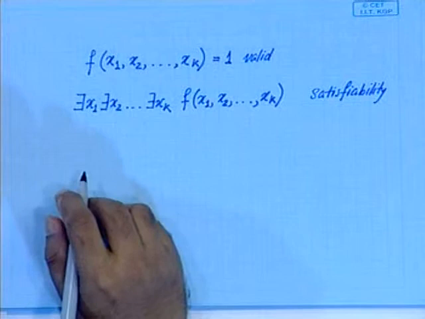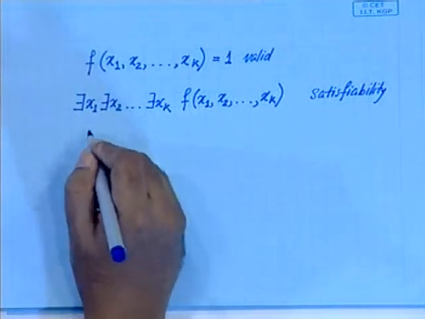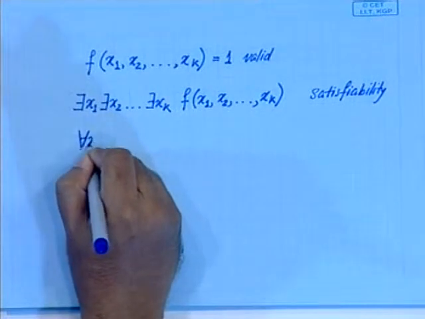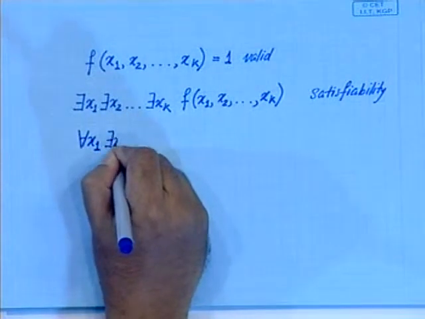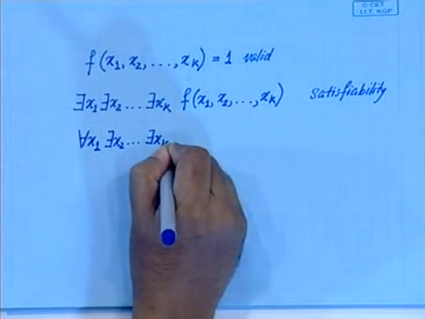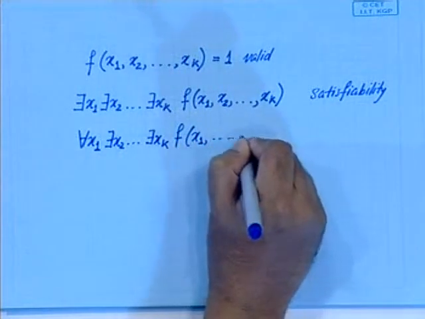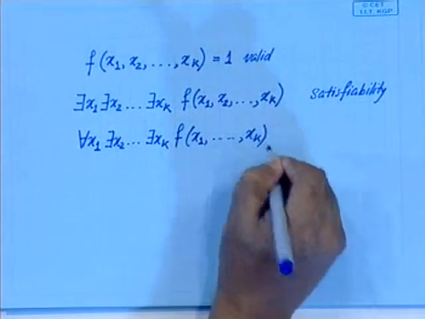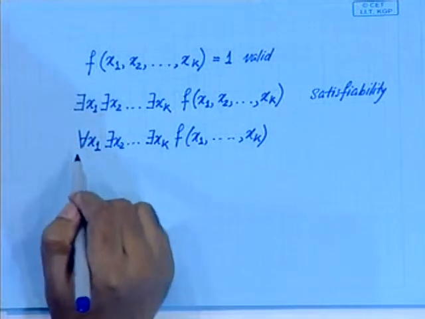right. Now, you can say that, okay, I want to find out that for all x1, does there exist x2, xk such that f is true. Is this the same as the previous one?